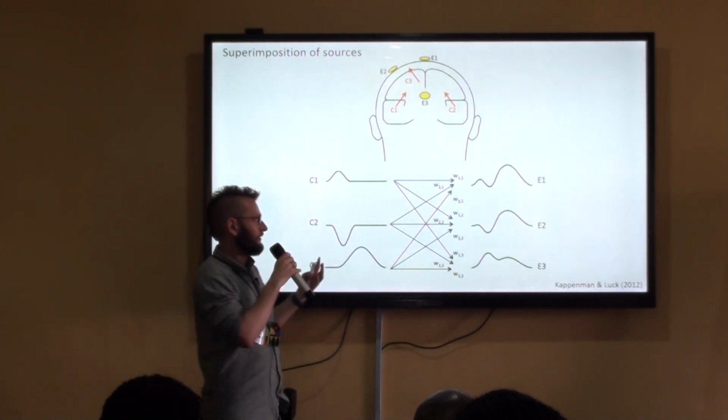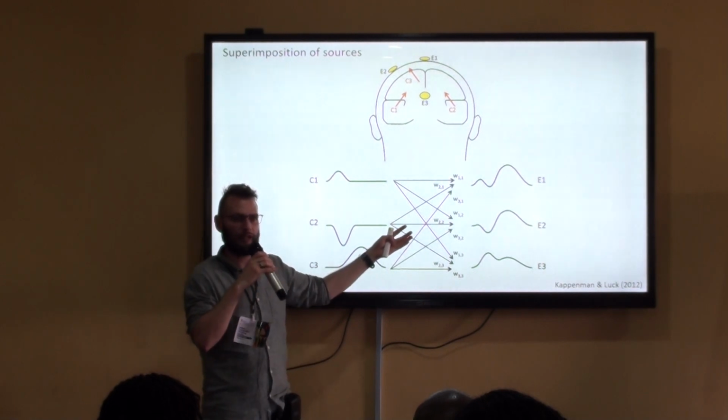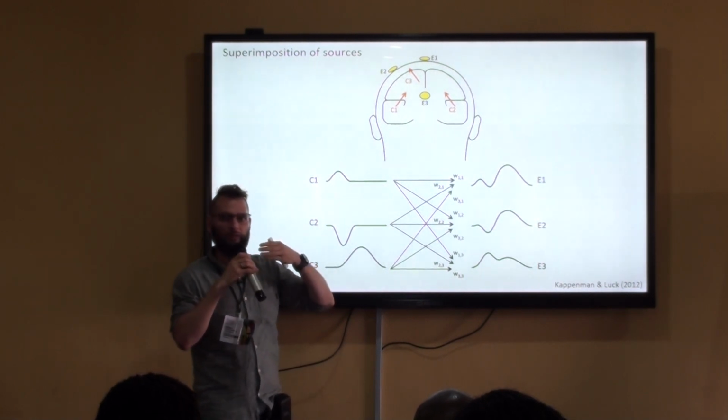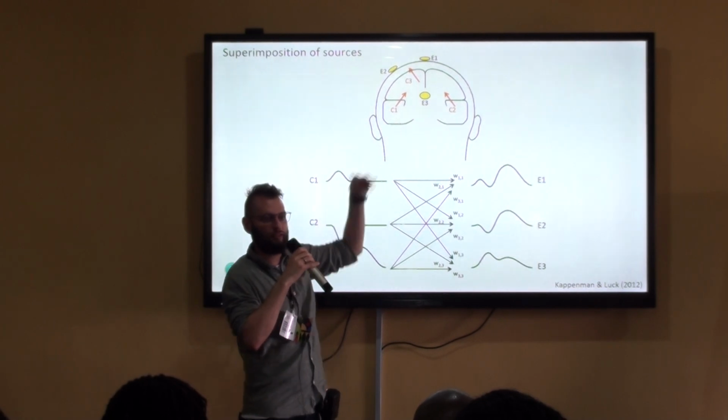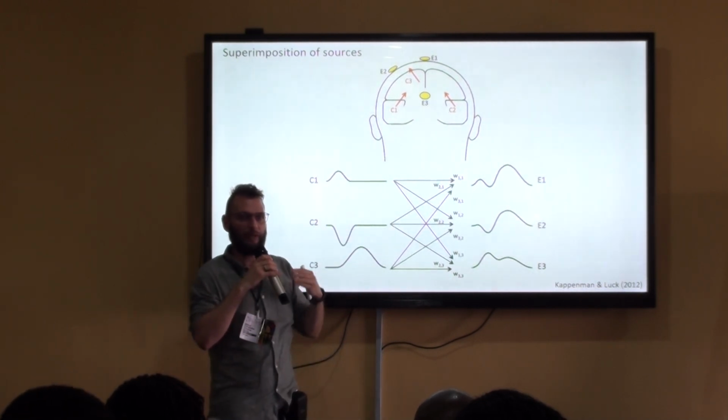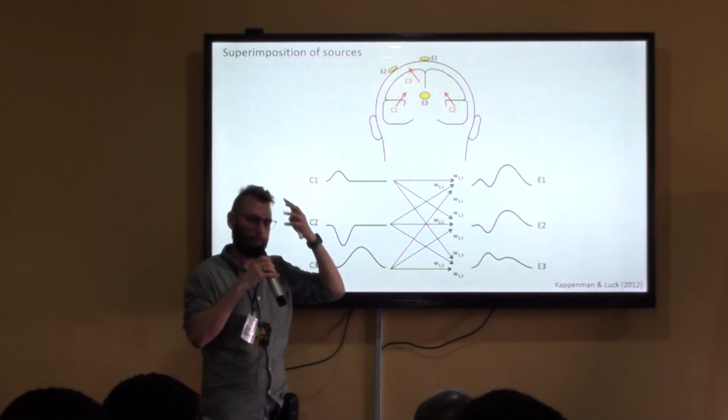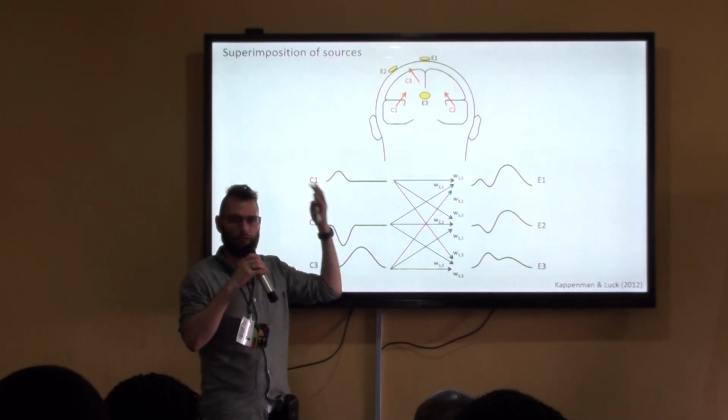These weights, in this example, you can think of as how much the signal from the source is attenuated based on the different material and tissue it has to traverse.